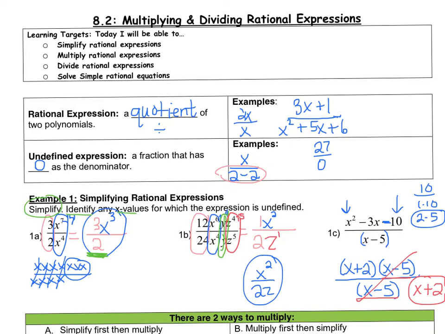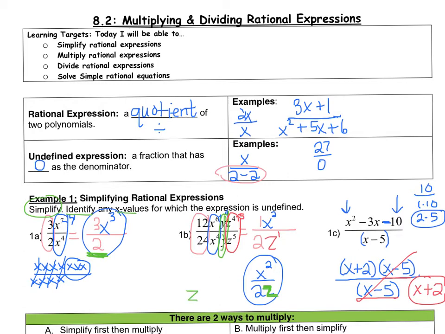In 1b, we don't have x on the bottom, but see this z right here? We need to put a little disclaimer and write down the only number that z is not allowed to equal. And it's going to be a number that makes the entire bottom equal 0. Well, 2 times what equals 0? 0.